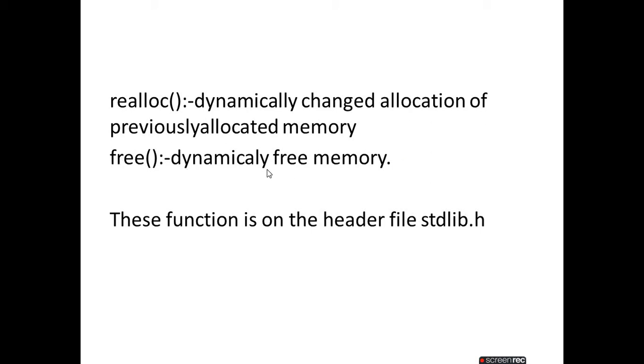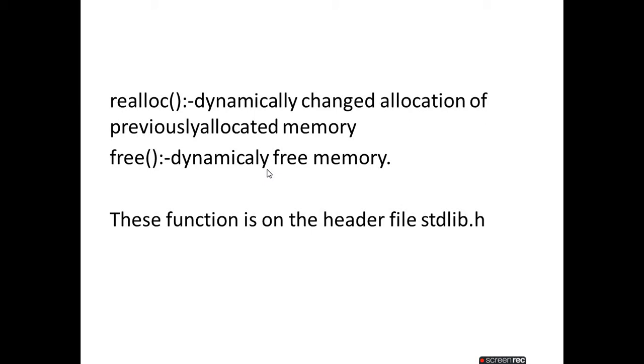We dynamically free memory by using the free function. Basically, we are not deleting the memory location; that is not possible. We are just freeing that memory, not the memory location, because the memory location is not deleted. So if you are trying to delete a node, you can also do that.